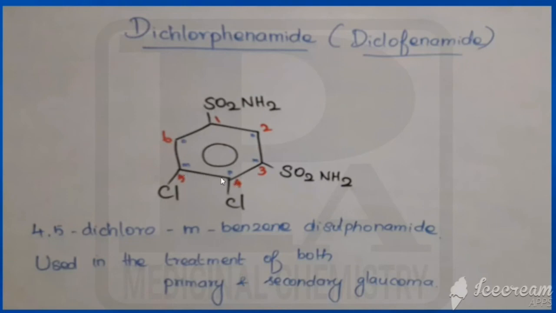That's why it is called 4,5-dichloro. Both sulfonamide groups are meta to each other. That's why metabenzene disulfonamide. So what is the chemical name? 4,5-dichloro-metabenzene disulfonamide, which is used in the treatment of both primary and secondary glaucoma.